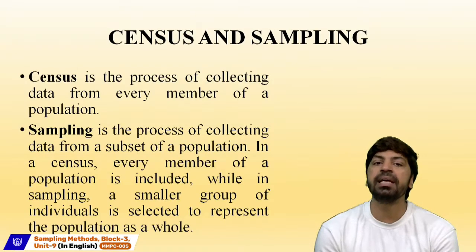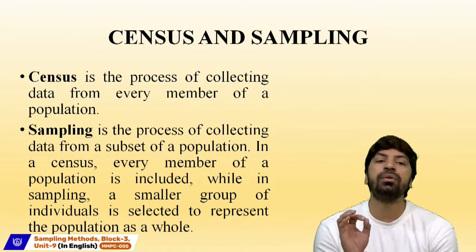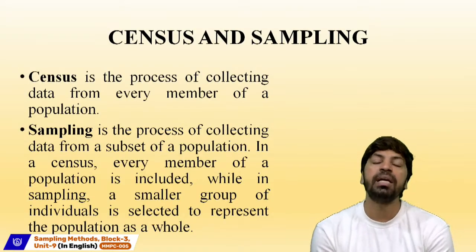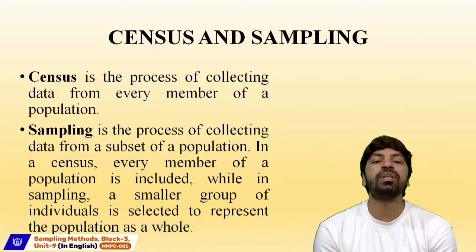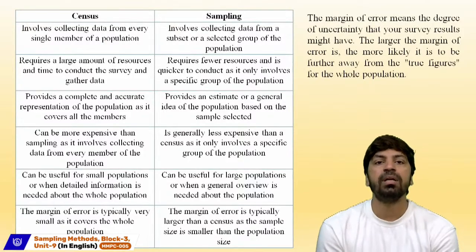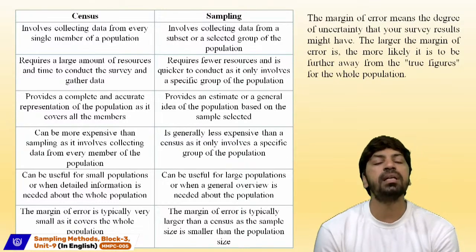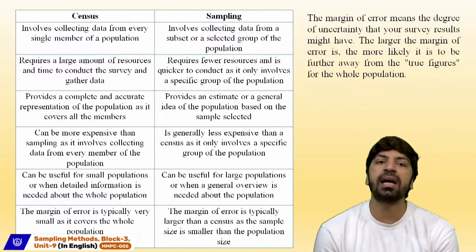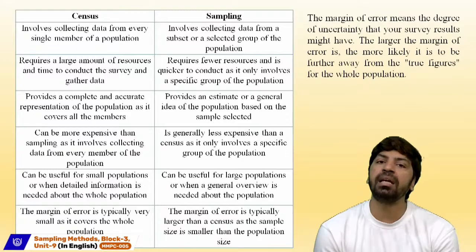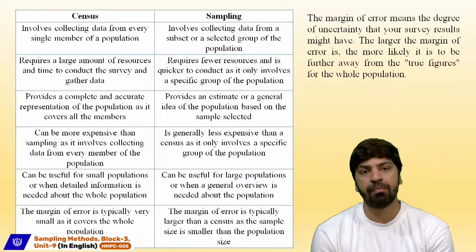So in a census, every member of the population is included, but in sampling, a selected group of individuals is chosen to represent the population as a whole. This is the difference between census and sampling. Census includes collecting data from every single member of the population, but sampling includes collecting data from a subset or selected group of the population.